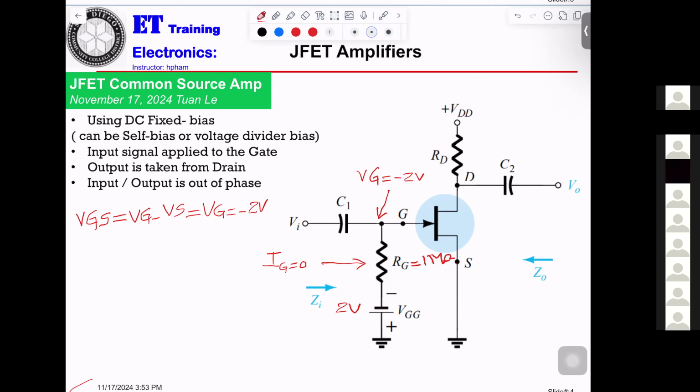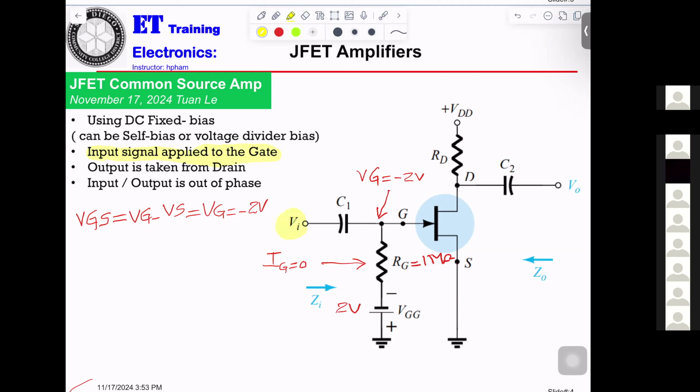Okay, now we're talking about common source. They're telling you the input signal is applied to the gate.